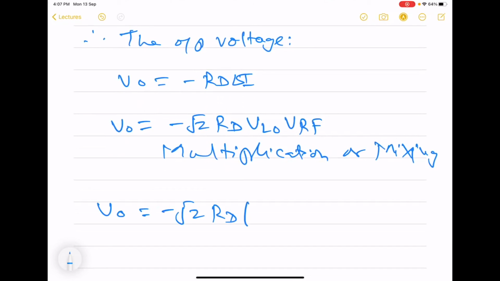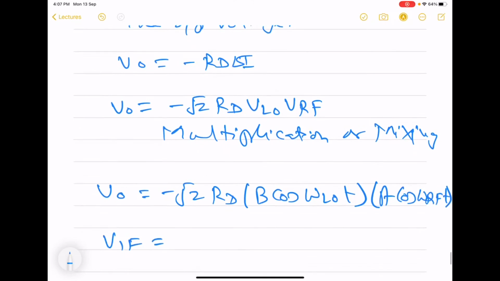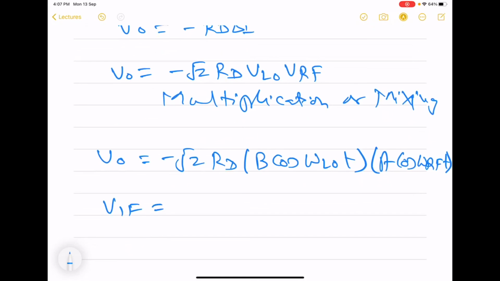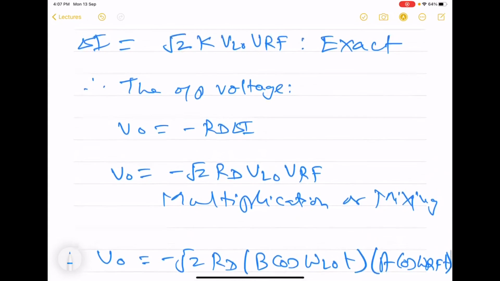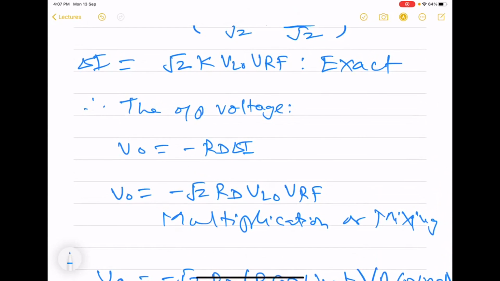So VLO could be say B cos omega LO t, and VRF is A cos omega RF t. So this is the output. So therefore VIF in this case is going to be, K is also there.